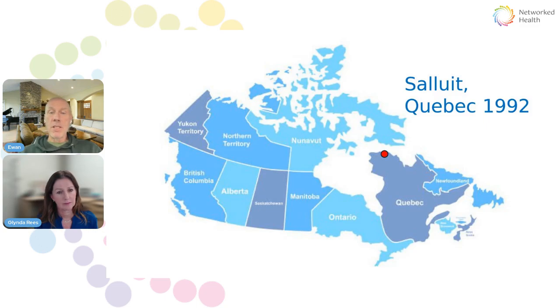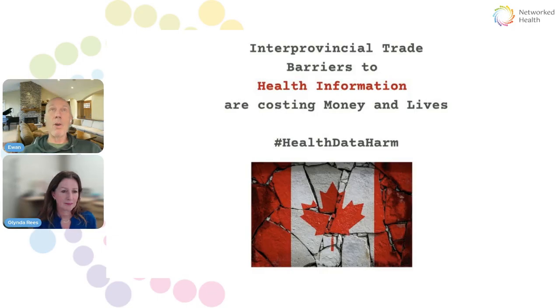So to finish off, you go back 33 years ago. We don't want to still be stuck in 1992. Things have changed. We do not want to be held in place by the interprovincial trade barriers to health information.